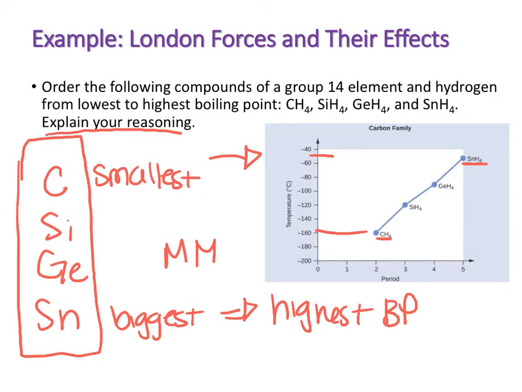So bigger molar mass means more polarizable, and this will cause more IMF, which causes a higher boiling point. So it's like a cascade of reasoning, honestly. So you just got to get used to doing these problems to understand the connections between all of these things.